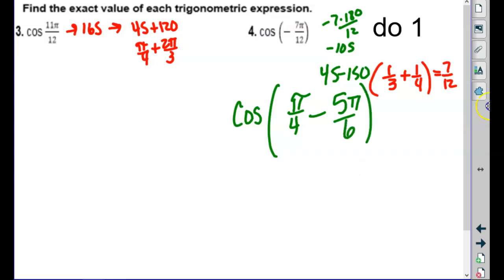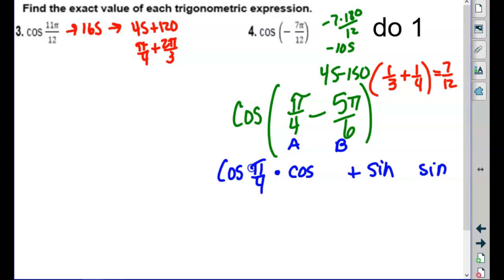Okay, now we're going to write out what the rule is. The rule for cosine A minus B is cosine A times cosine B plus sine A times sine B. Well, what are A and B here?